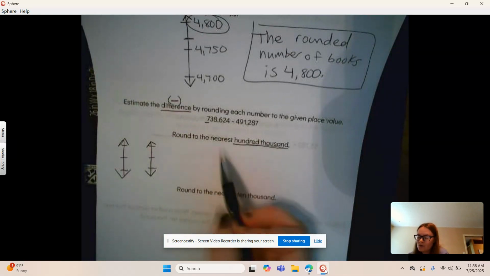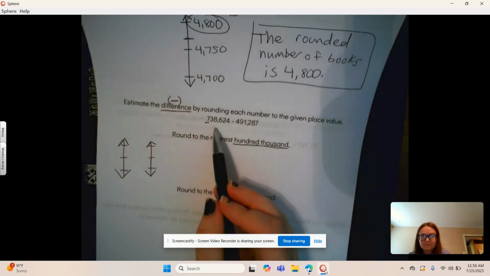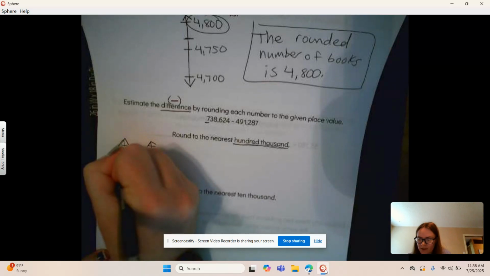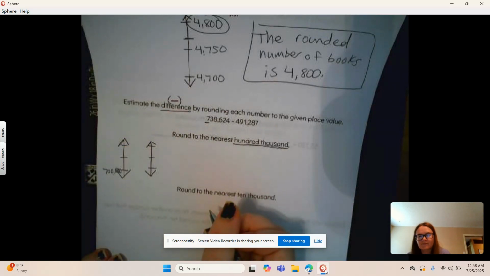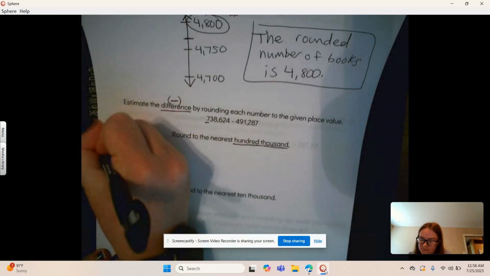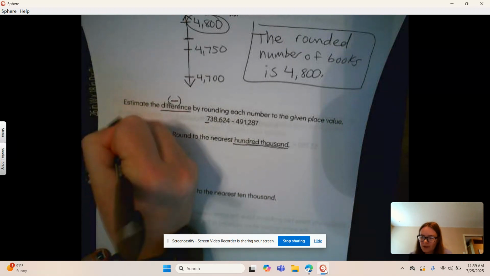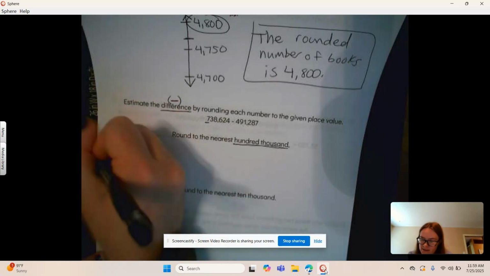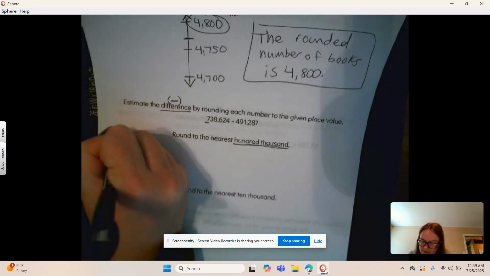So how many 100,000s are in this number? 700,000, good. And what's the next 100,000? 800,000. And what number is in between 700,000 and 800,000? What would our midpoint be? 750,000, good.